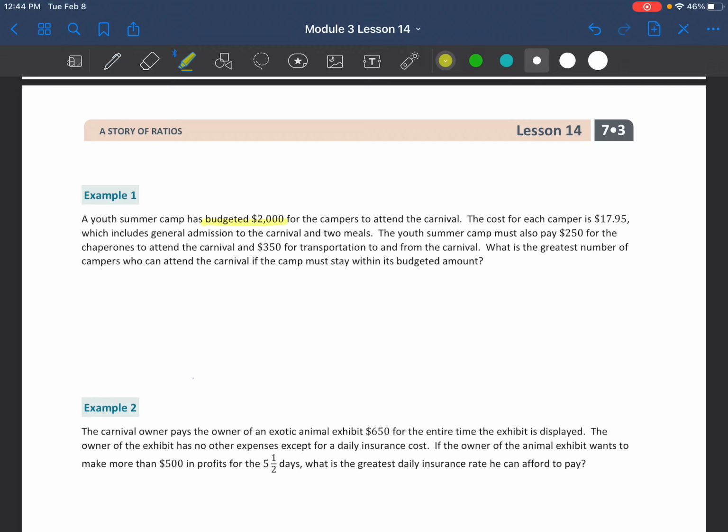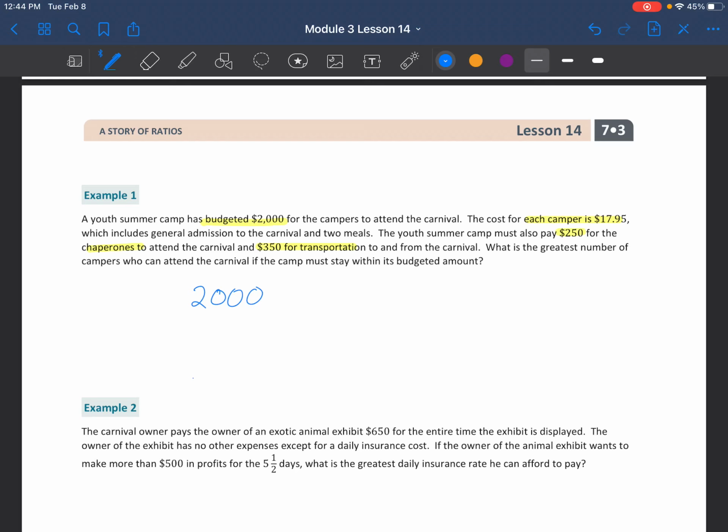What is the greatest number of campers who can attend the carnival if the camp must stay within the budgeted amount? All right, so what's the information we have? They budgeted $2,000. Each camper pays $17.95. Then there's a $250 fee for the chaperones and $350 for transportation.